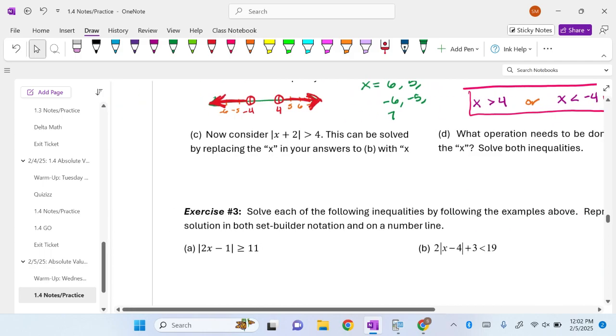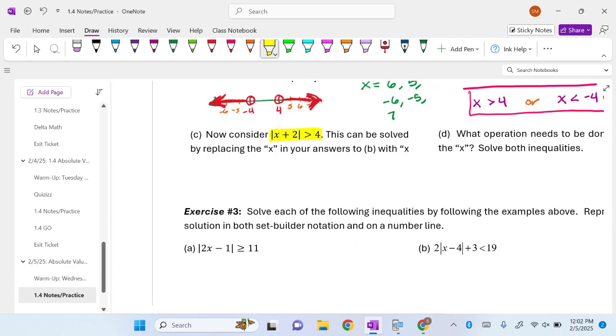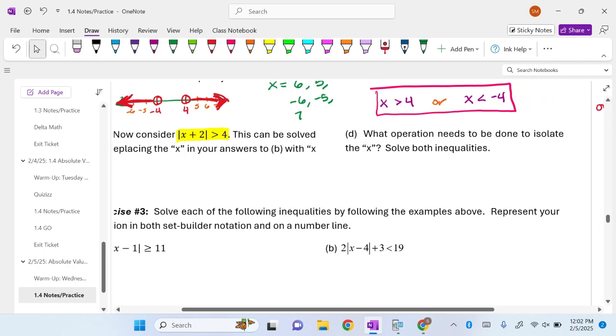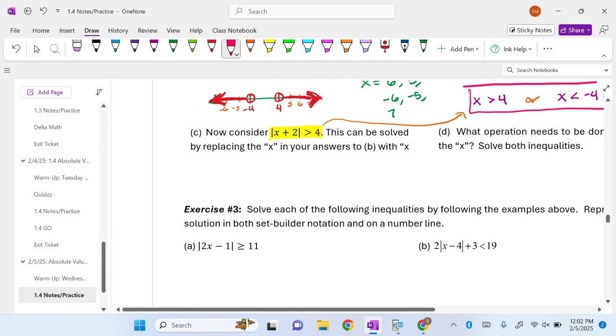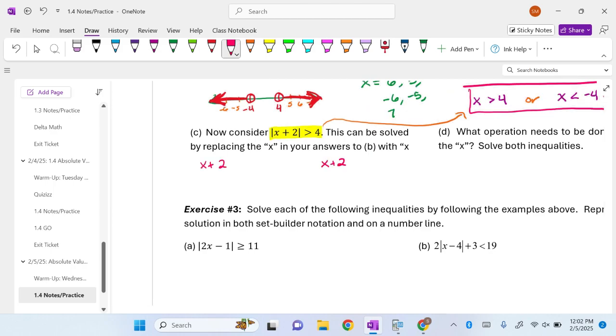So now we're going to take what we just did and we're going to solve this inequality. Look at how I wrote my answer up here for when the absolute value of X is greater than 4. How do you think I'm going to set up the two different inequalities? So I'm going to have an X plus 2, and we're going to write another X plus 2.